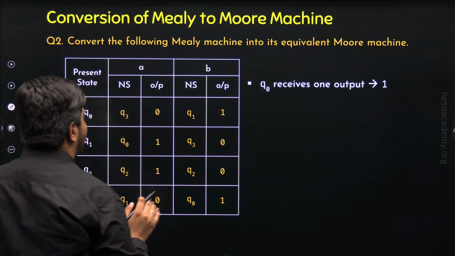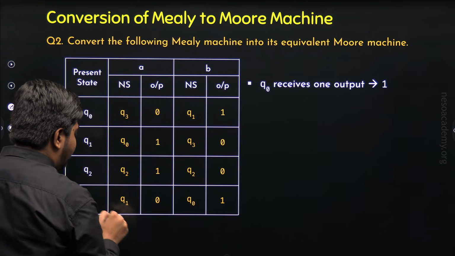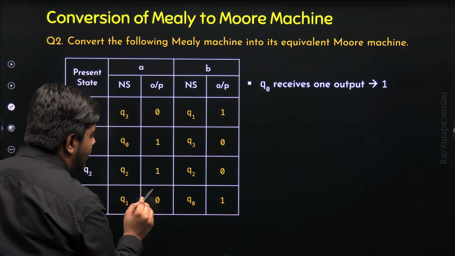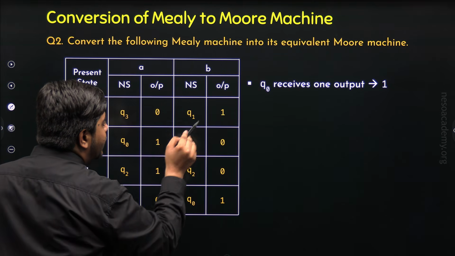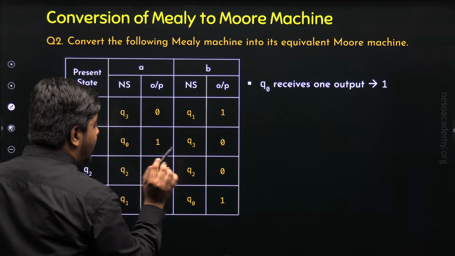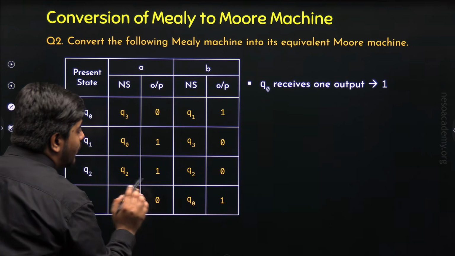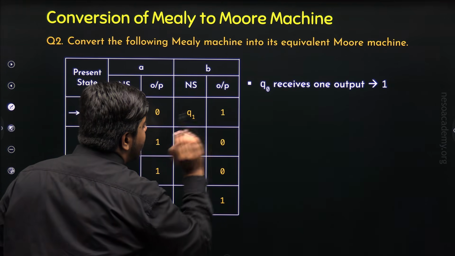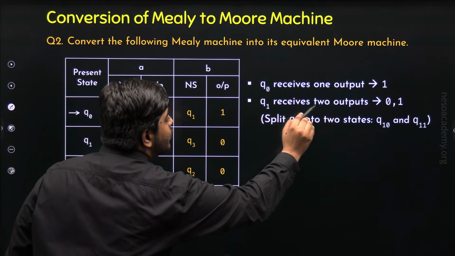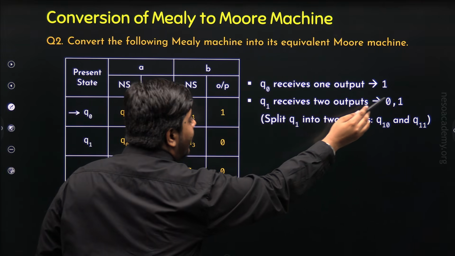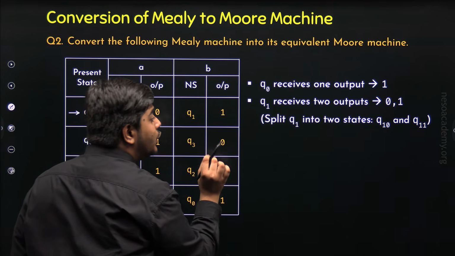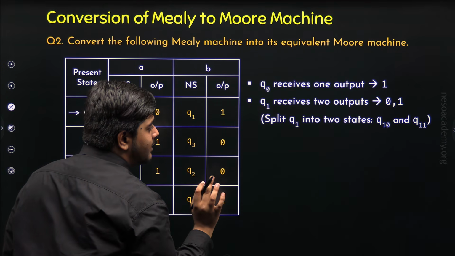Now let's check Q1. Here we have Q1. Q1 receives 0. Again, Q1 receives 1. So Q1 receives two output symbols, 0 and 1. That means Q1 is receiving more than one output symbol.